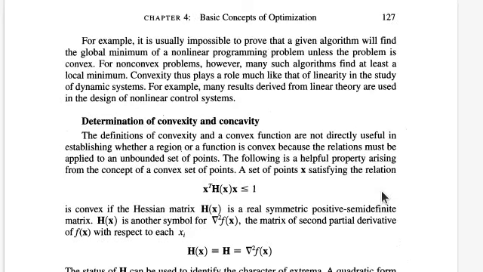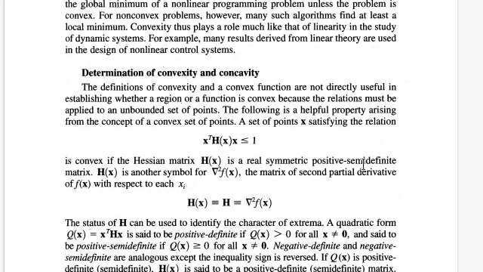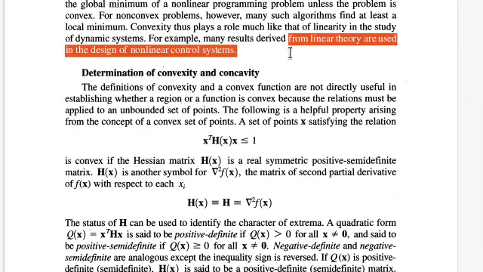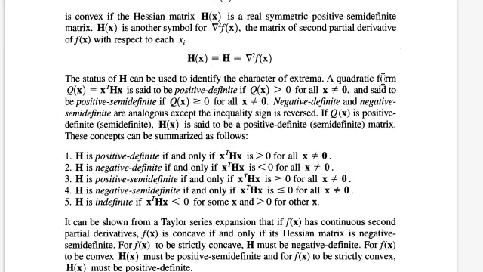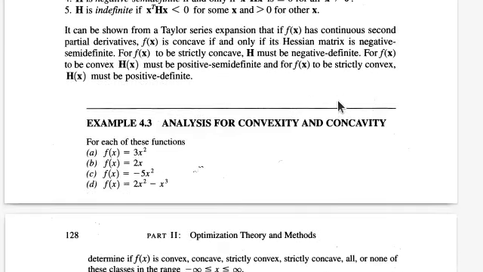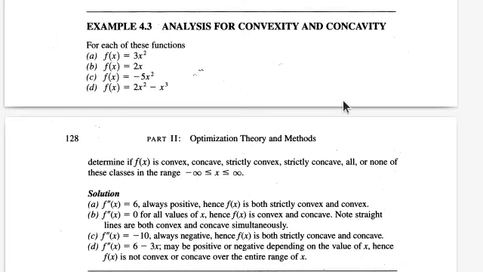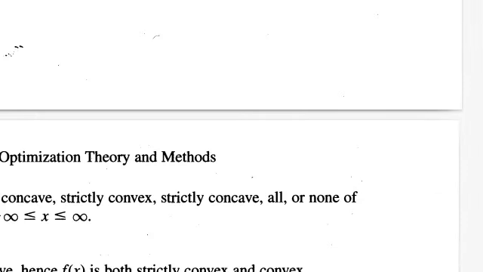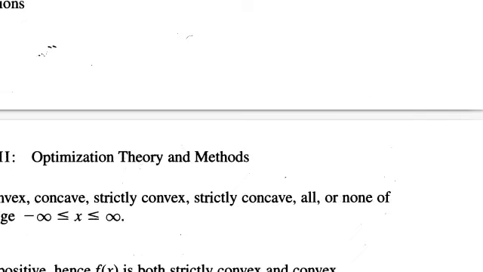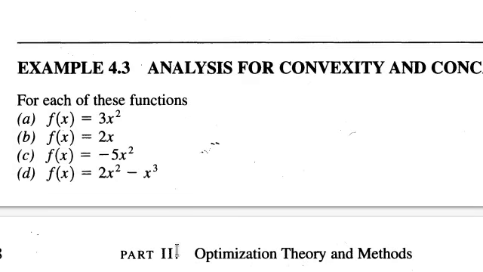And in the next class we will discuss this determination of convexity and concavity. So mathematically you will have to decide which function is convex or concave. For example, here a numerical example you can see, so that you can understand it in a better way, because all the things that were going on up to now were theory.